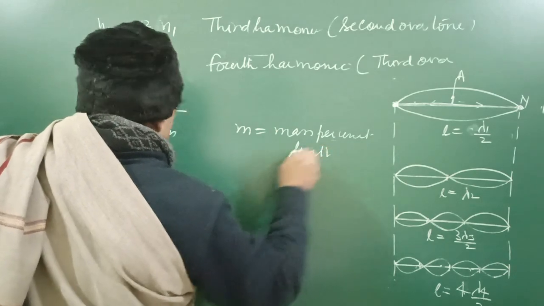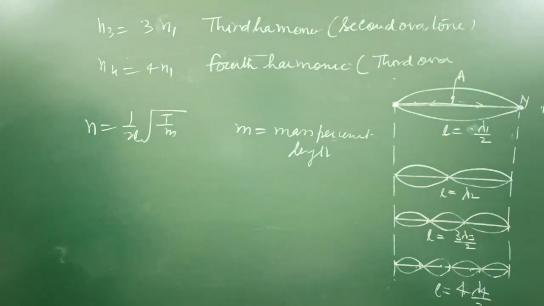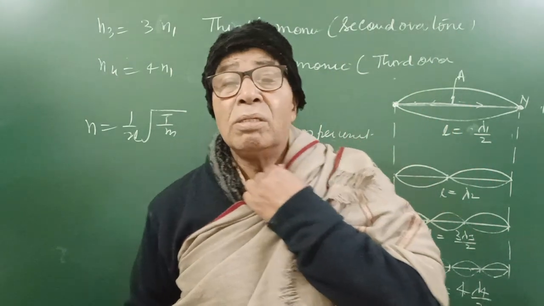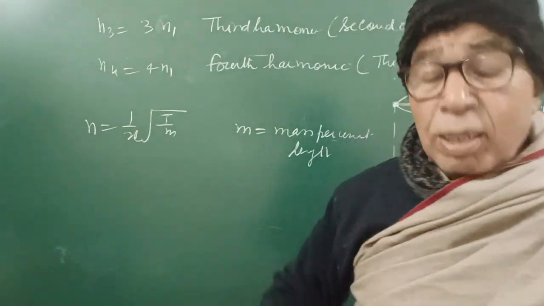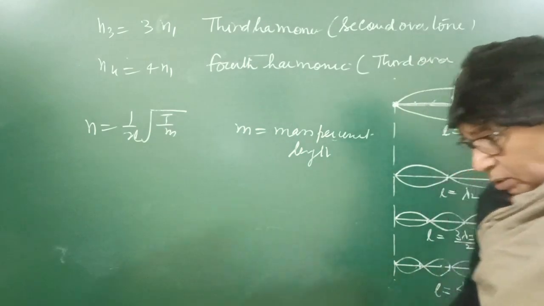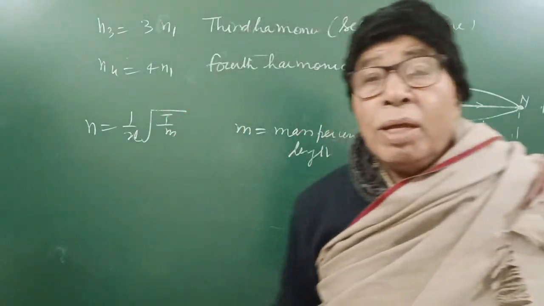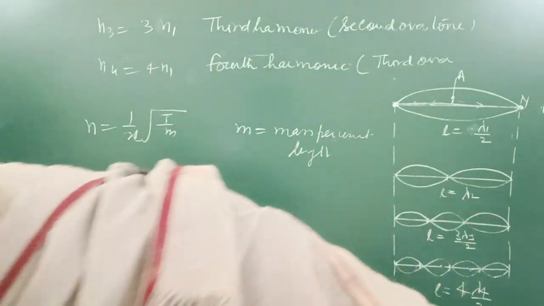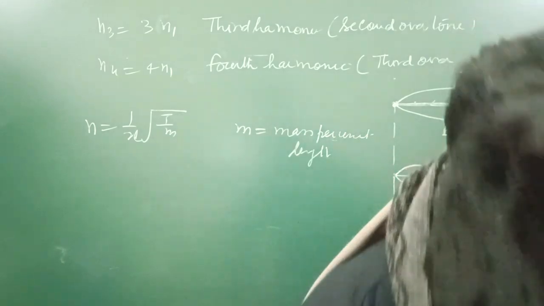So not only length is a consideration, tension and M also are criteria. Lesser the mass per unit length, higher the frequency. The child's sound has higher pitch because mass per unit length is small, frequency is high. When he becomes a young person, the mass per unit length of vocal cord increases, so frequency decreases, pitch becomes lower. I told you that the roaring of lion has a much lower pitch than the sound of a mosquito.